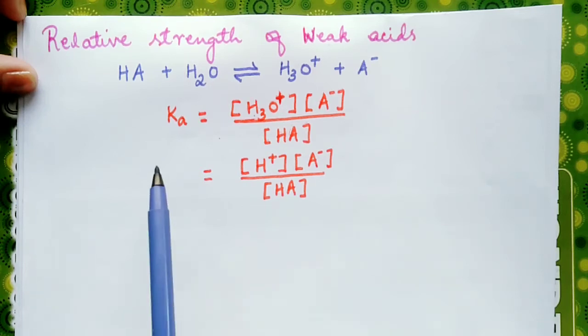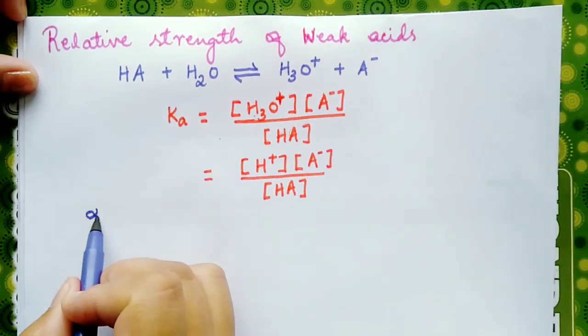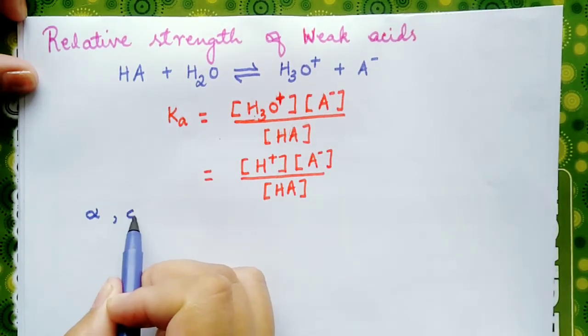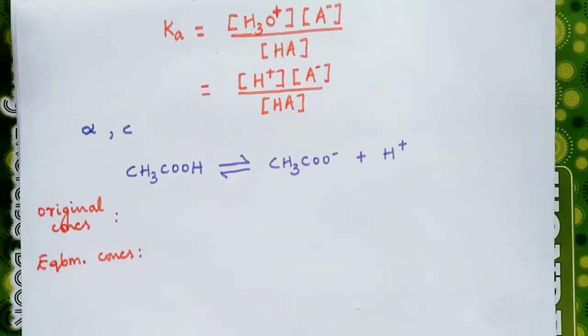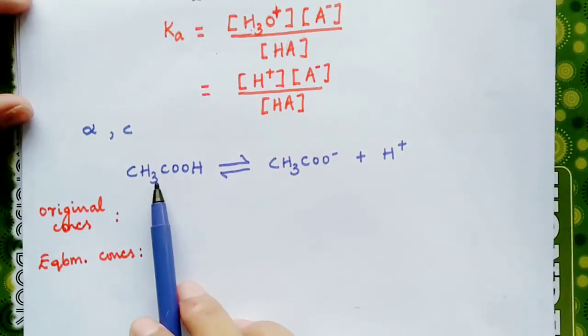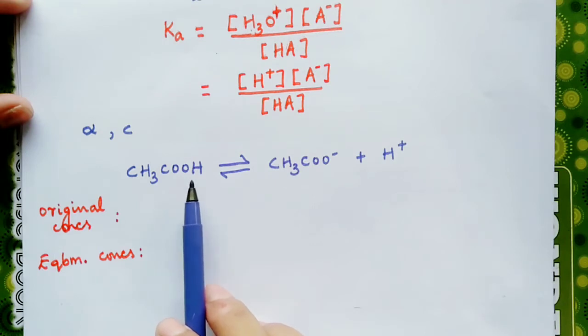Now we can also write Ka in terms of the degree of dissociation alpha and the total molar concentration C. For that, we consider the dissociation of acetic acid, which is a weak acid.